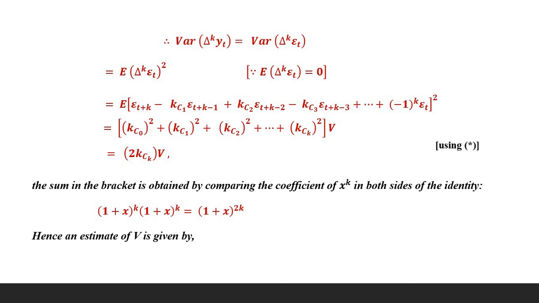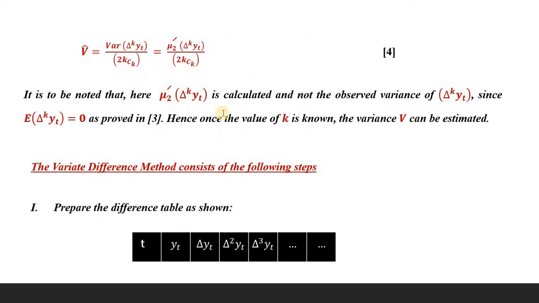Hence, an estimate of V can be obtained as V cap, that is variance of delta k yt divided by 2k Ck, which is equal to mu 2 dash delta k yt divided by 2k Ck. Here, mu 2 dash delta k yt is calculated and not the observed variance of delta k yt. Since expectation of delta k yt equal to 0, once the value of k is known, the variance V can be estimated.